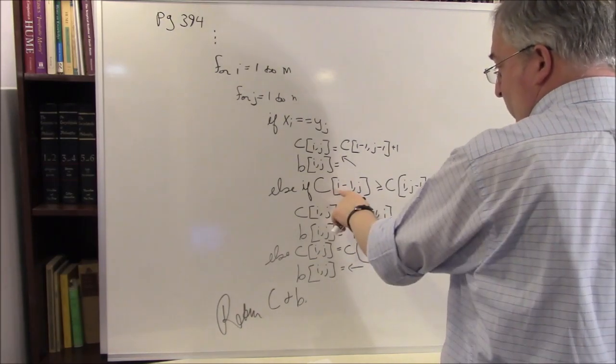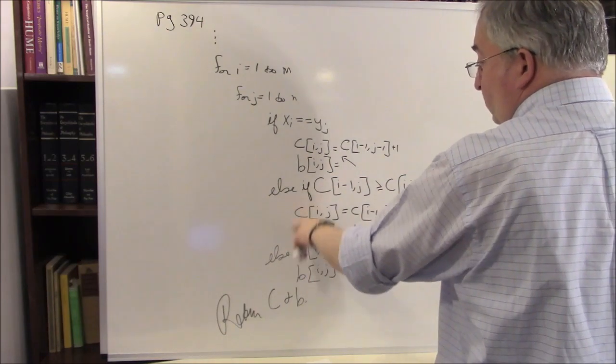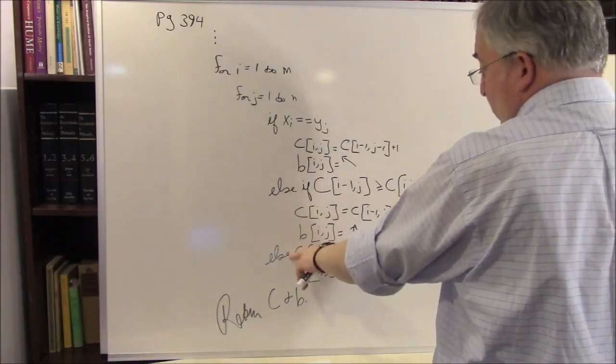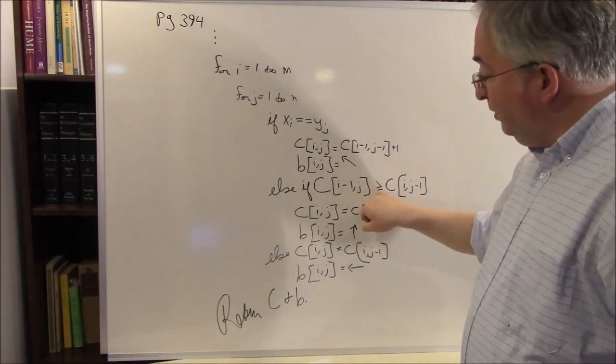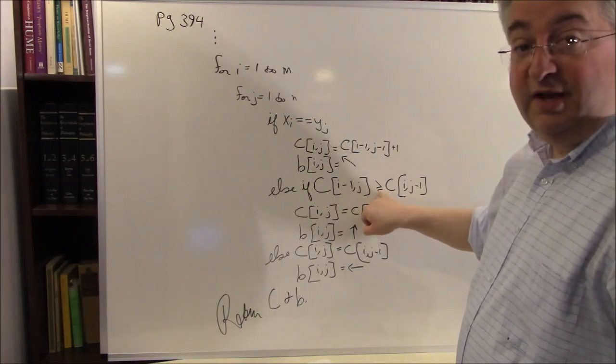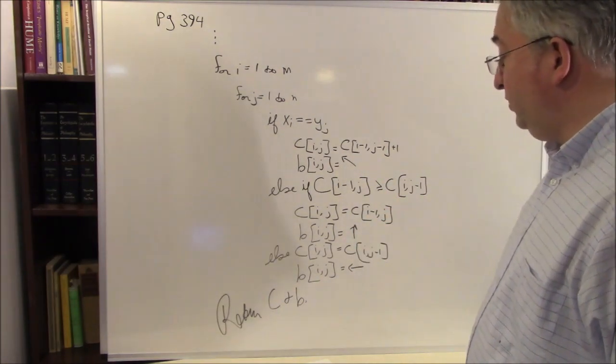Okay, so it's equal to that, and B[i,j] is up. By the way, the reason why I said we always follow the convention up is because of that little equal sign. We said if it's more than or equal, then we go up.